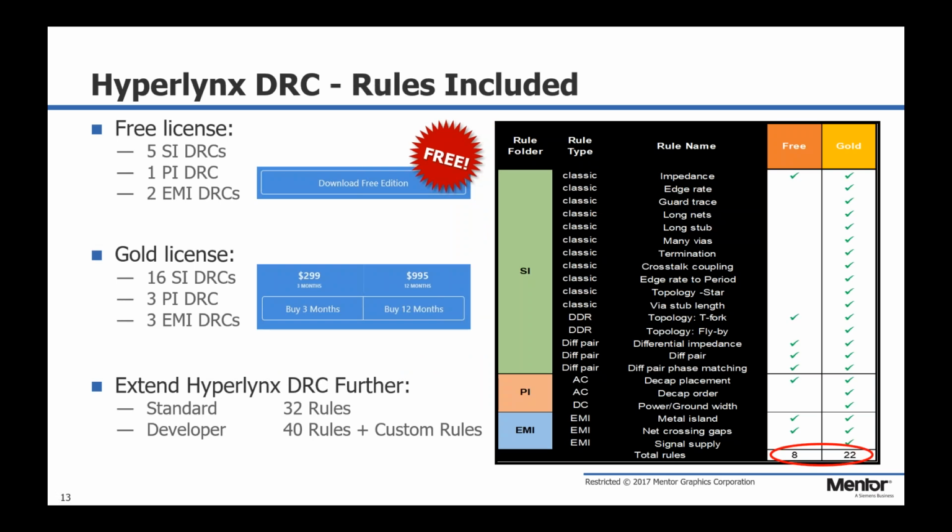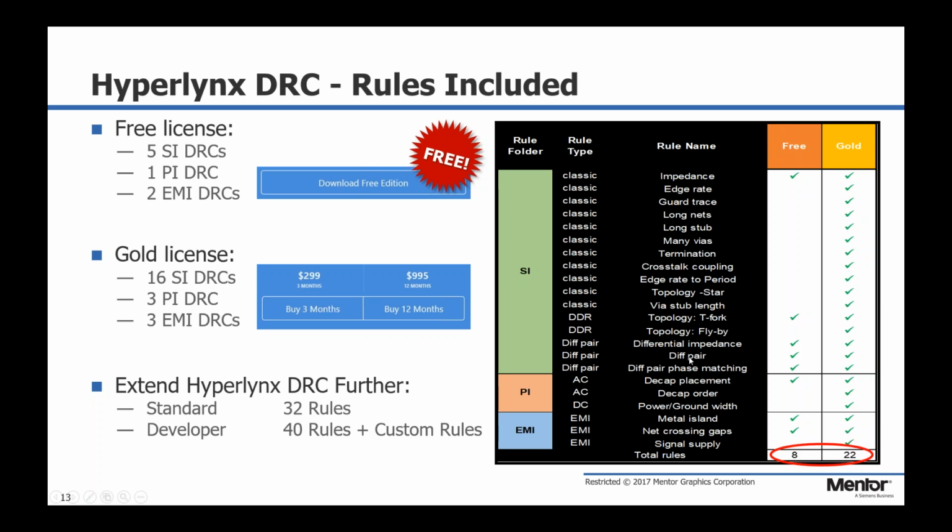To give you an idea of what those rules are, particularly the free rules as we're looking at them: we have impedance checking available under signal integrity checks. We have topology T-fork for DDR rule types. We also have flyby topology, actually that one isn't there, but differential impedance is there for diff pairs.